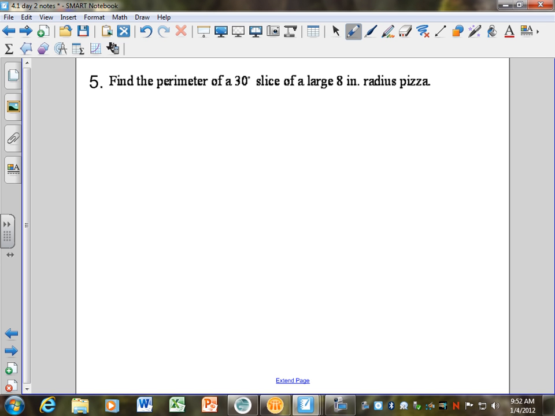Find the perimeter of a 30-degree slice of a large 8-inch radius pizza. Oh, no, that's right. 16-inch diameter. I'm going to draw a little slice of pizza here. So large pizza, which is large.